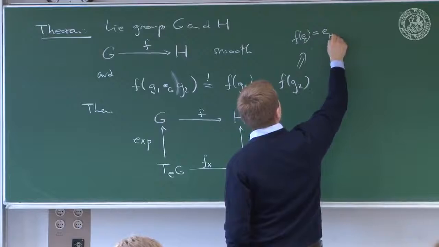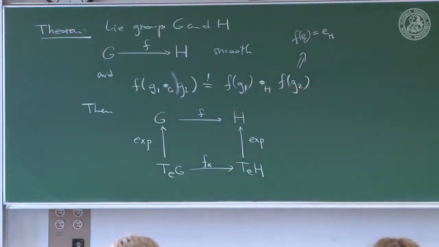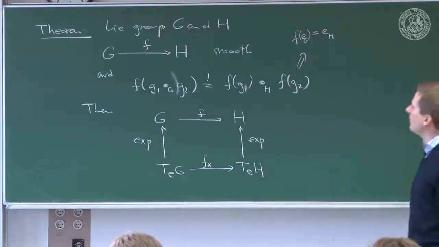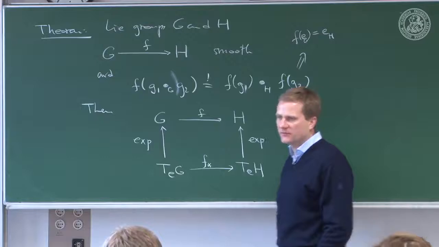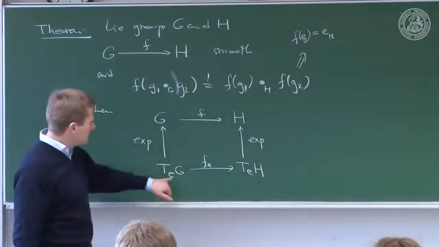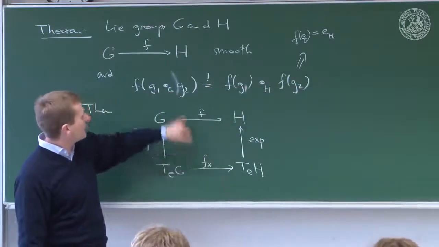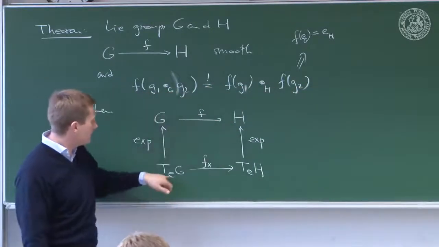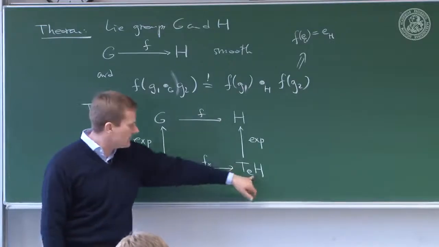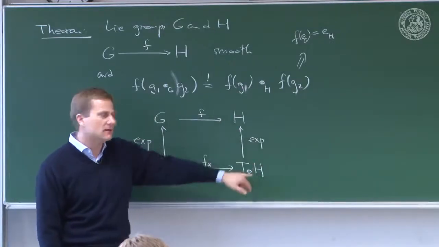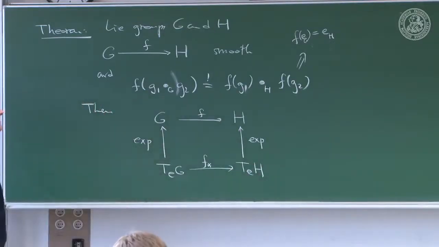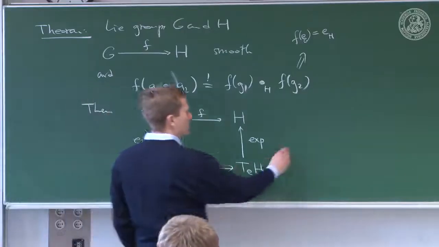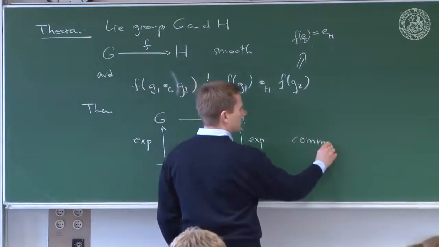So the identity in G is being mapped to the identity in H. That follows from the group homomorphism property here. That's not difficult to show. And so indeed, the push forward of a Lie group homomorphism really maps you from one Lie algebra into the other guy. And then the statement of the theorem is that this diagram commutes.